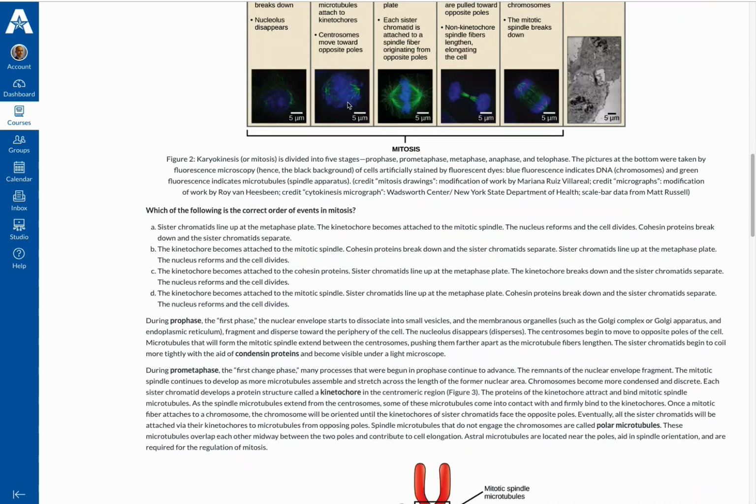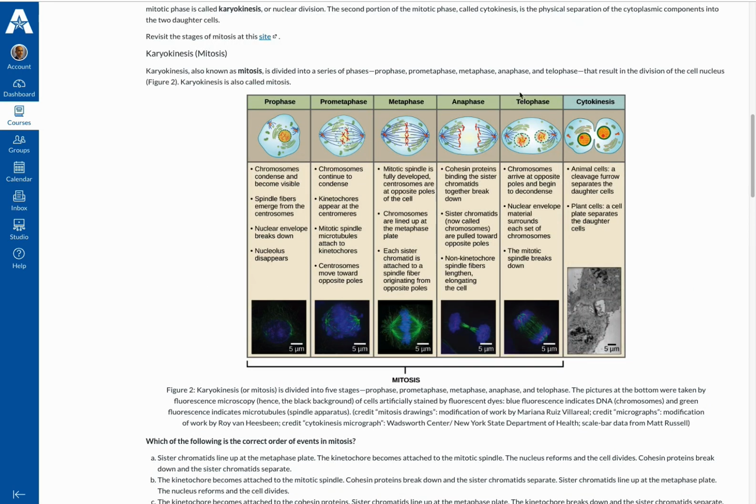The prophase is when the centrosomes move to the opposite sides of the cell. We start to get a breakdown in the nuclear envelope. Prometaphase, we get the attachment of the microtubules to the kinetochores.